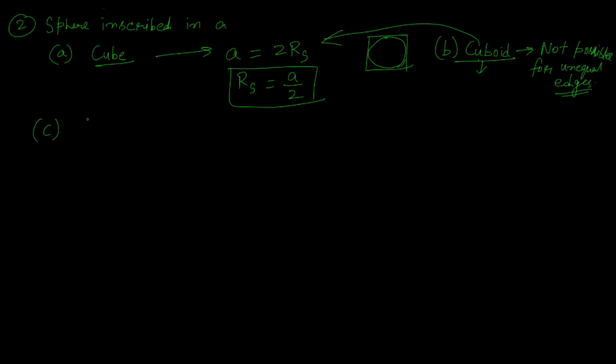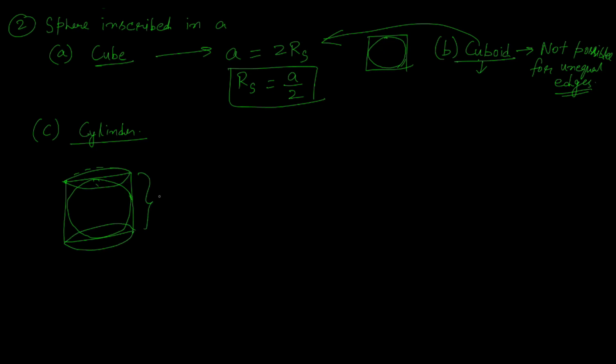And the third one, cylinder. In case of cylinder, again, it is not always possible. It is possible only if the height of the cylinder, if you can imagine this is the cylinder, is equal to 2 times the radius of base, and the radius of sphere is also equal to the radius of base of the cylinder.